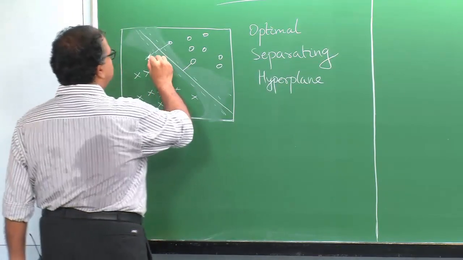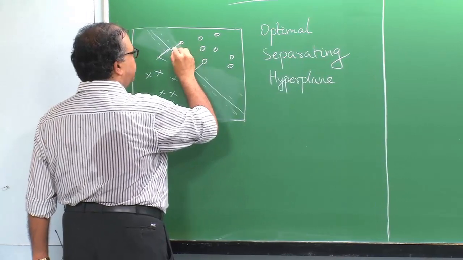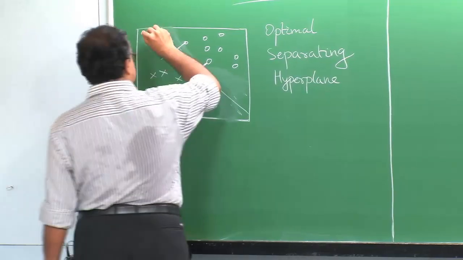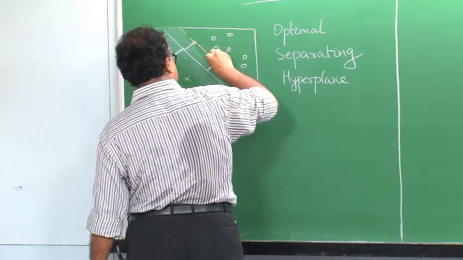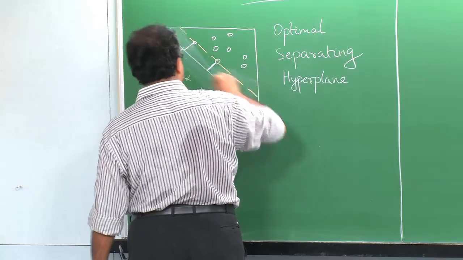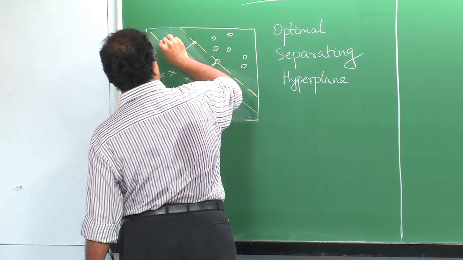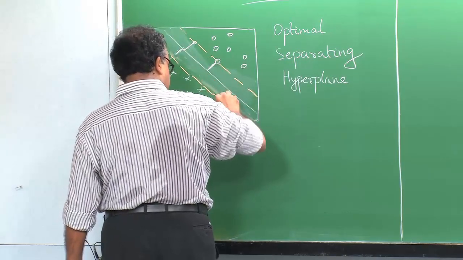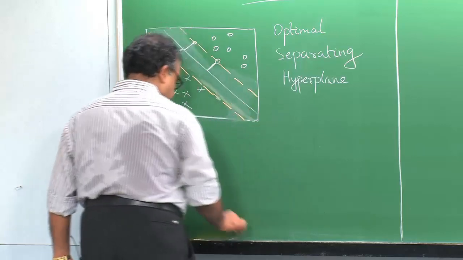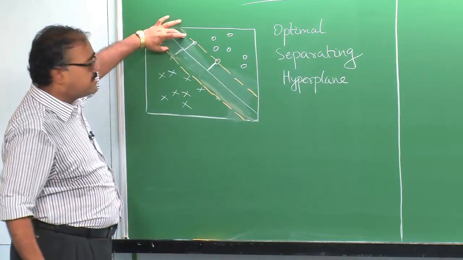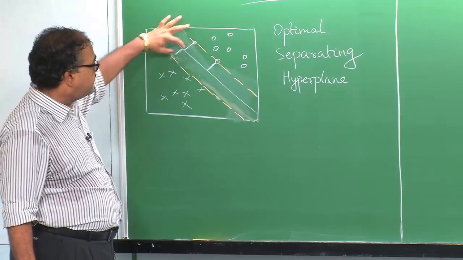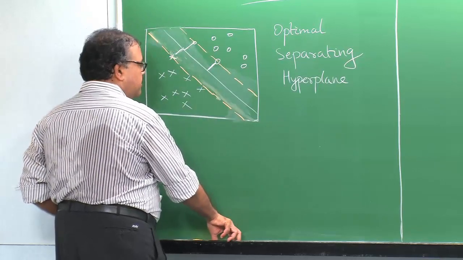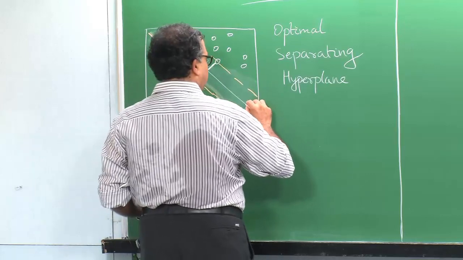So, this distance would be the same as this distance, would be the same as this distance. This distance of the closest data point to the separating surface is known as the margin.